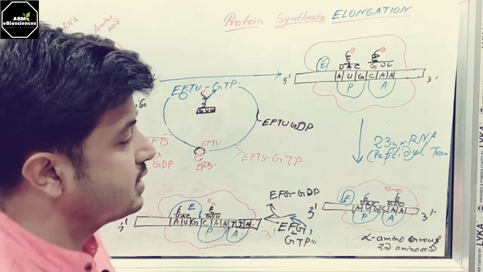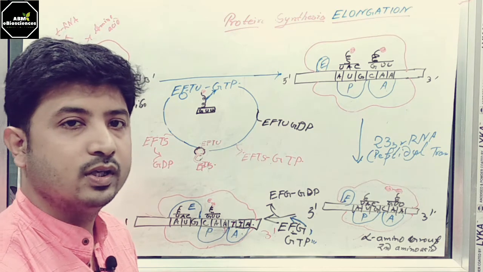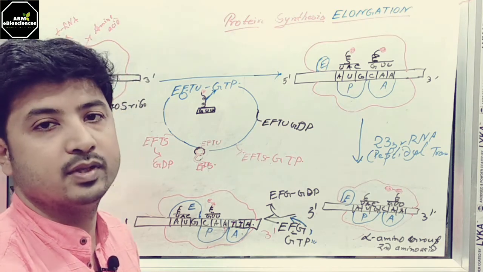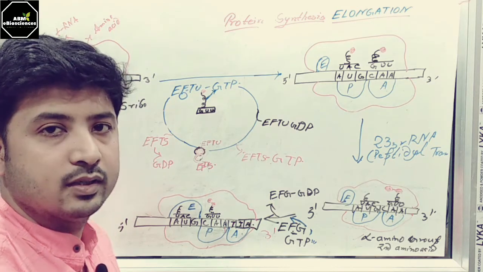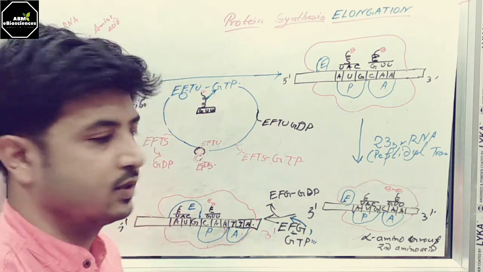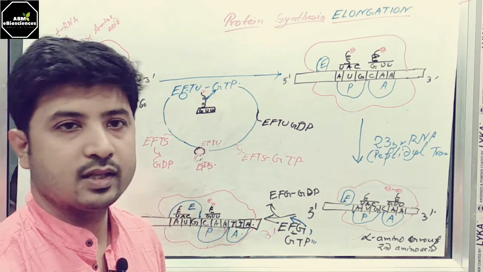So likewise it is just ongoing, and at last it will encounter a termination codon or some other factors may be there to stop the elongation process. I will tell you the termination in another class.